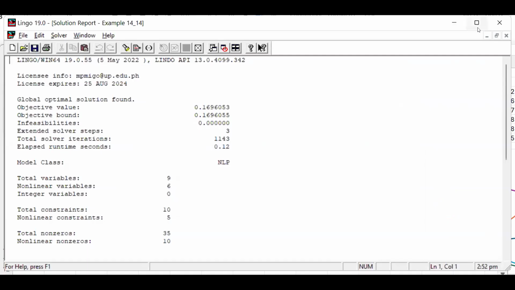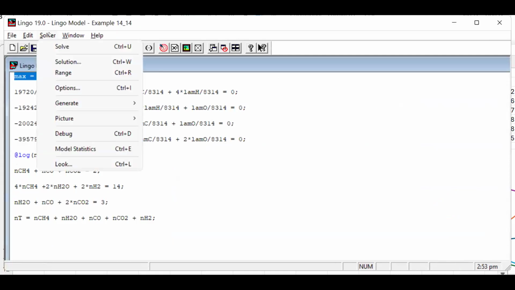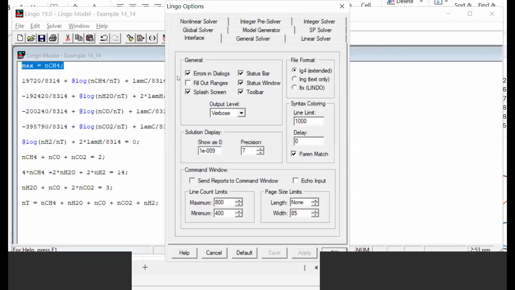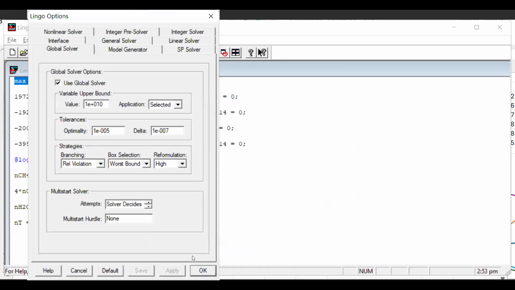Okay, so I'm showing the Lingo screen right now. It's important, by the way, before you start using Lingo, go to the menu, then solver, then options, and under the global solver, you have to check use global solver.